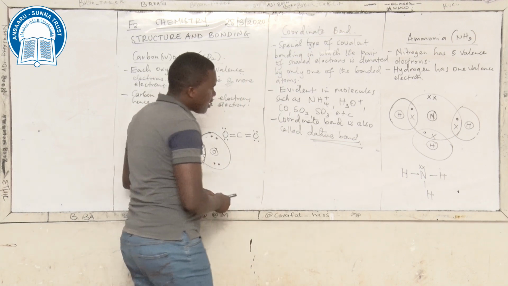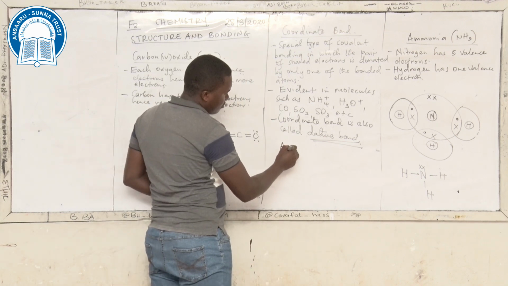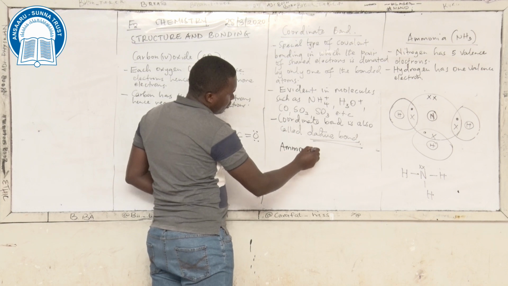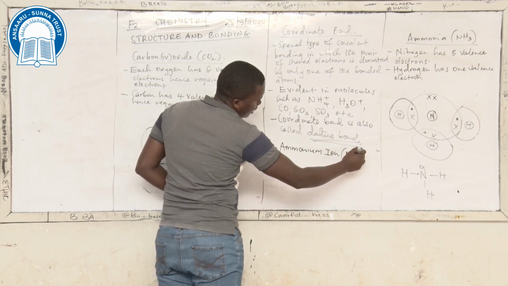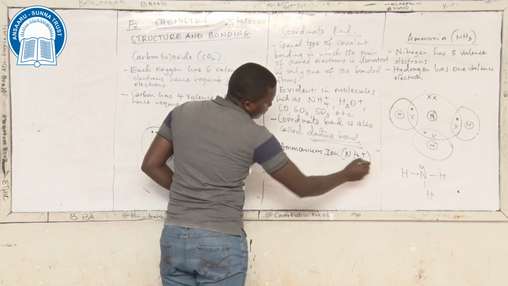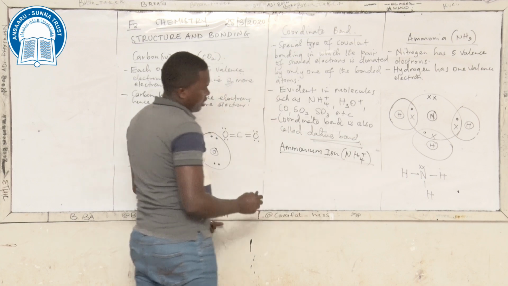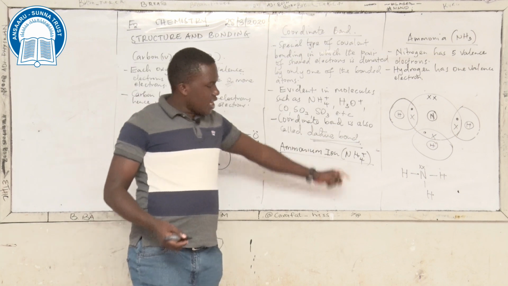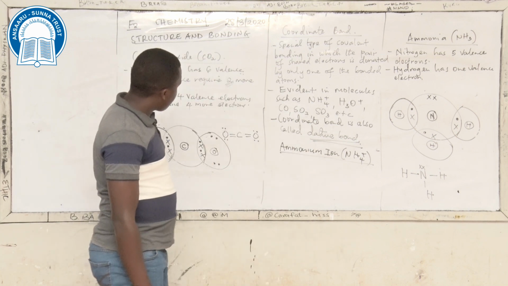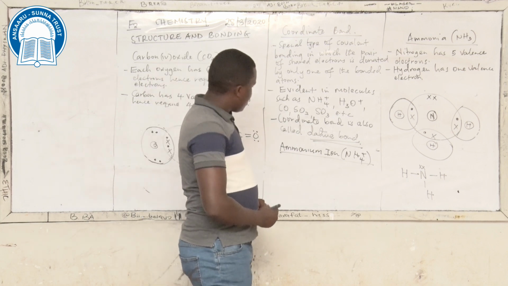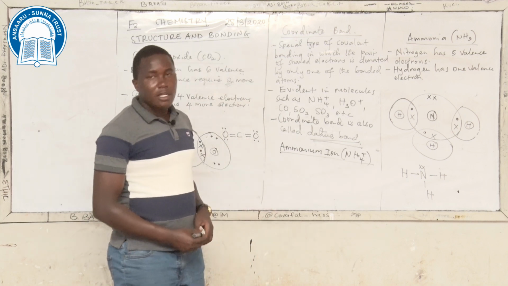So I wanted to start with the ammonium ion structure, which is NH4 positive. And I'll also explain why the positive charge is there. In this particular structure, you have nitrogen and 4 hydrogen atoms.